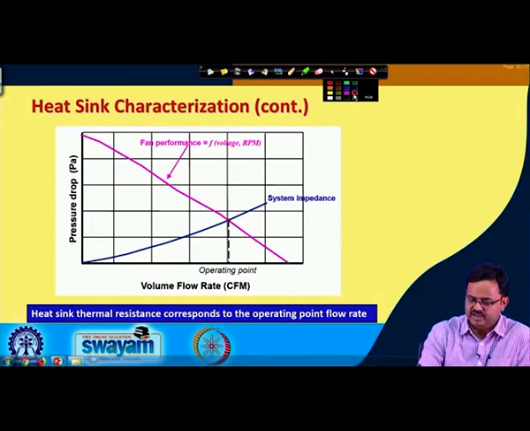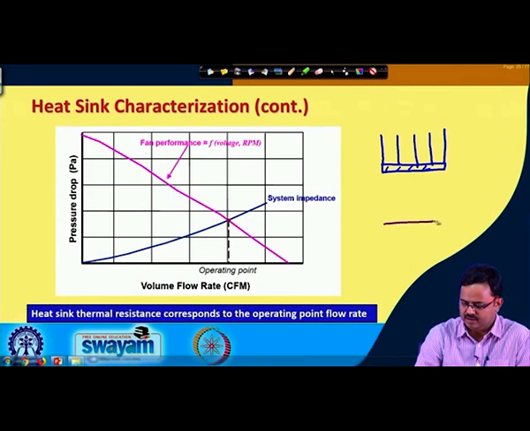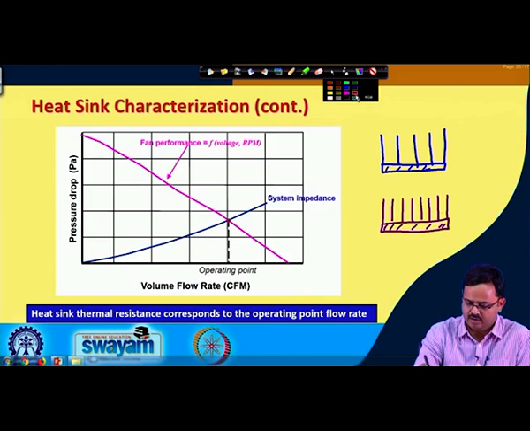Okay. So, if initially I had a heat sink like this, now I will go for a heat sink, same, this is the base, these are the end fins, but now I will go to denser fins, and maybe even more.